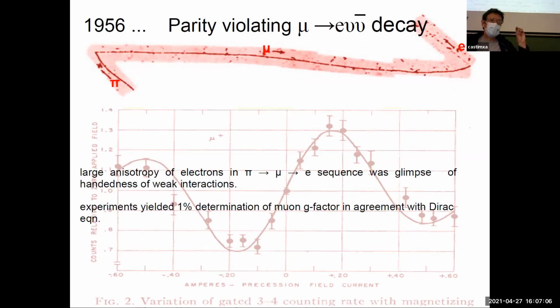And that's a signature of this handedness, left-handedness of weak interactions. And so that was discovered really just about the same time as the handedness in beta decay. And I mentioned this one because it's also a key ingredient in the G-2 experiment.